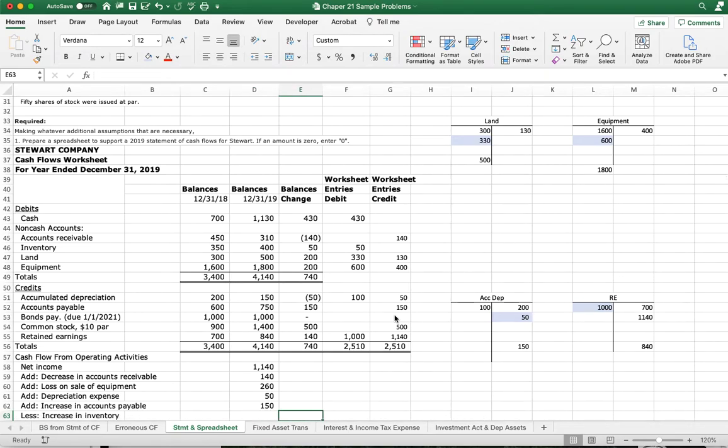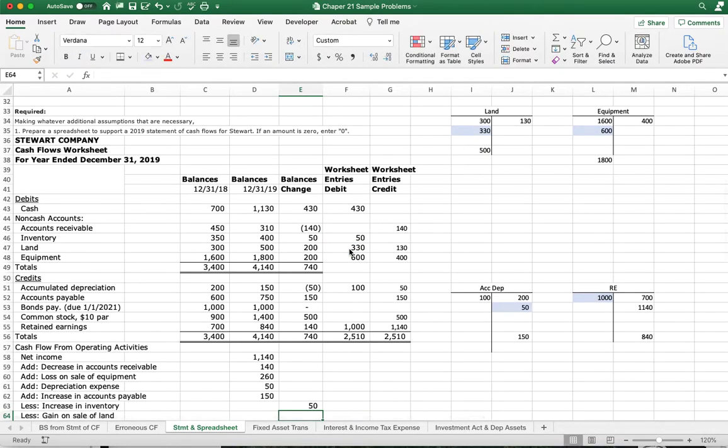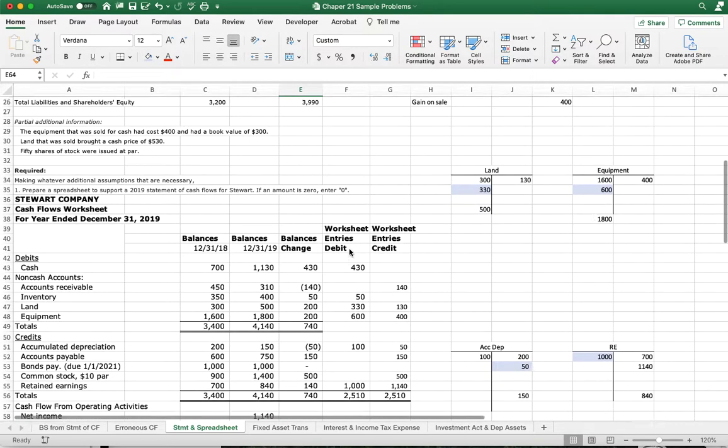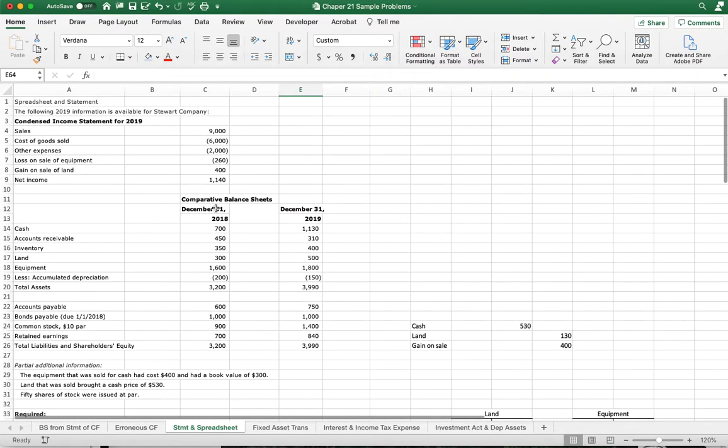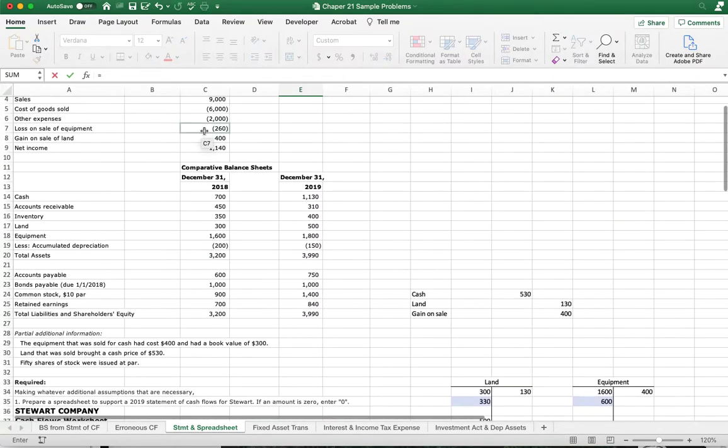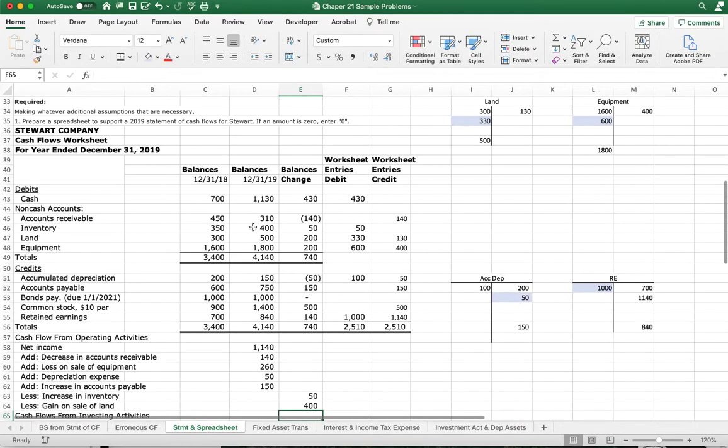And then less the increase in inventory of $50 and less our gain on the sale of land which was the $400.